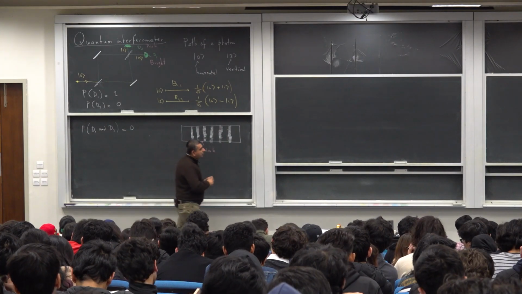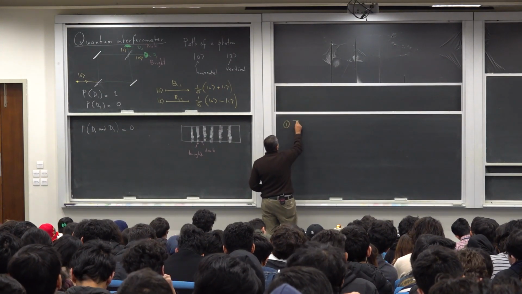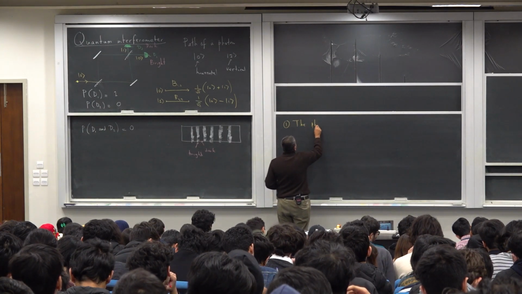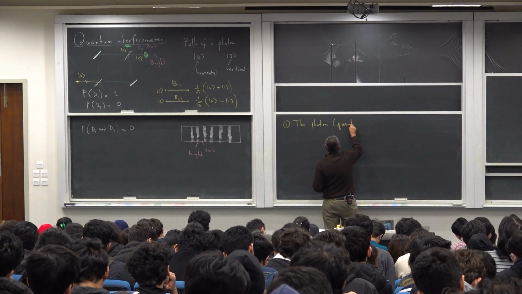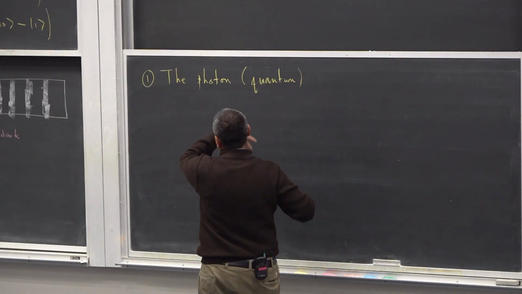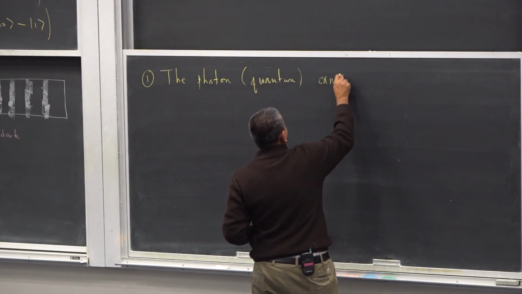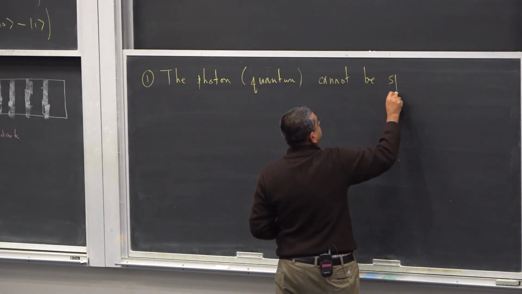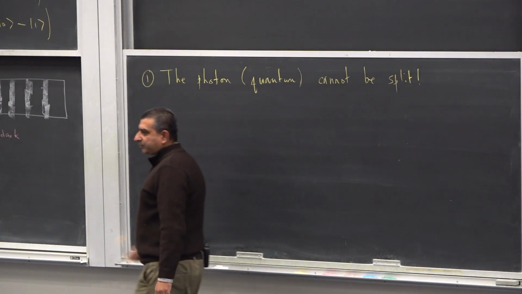All right? So we have one big lesson from this experiment, that the photon, which is our quantum particle, therefore I also write quantum synonymously with photon, so the quantum cannot be split. This is the first big lesson that we learn.